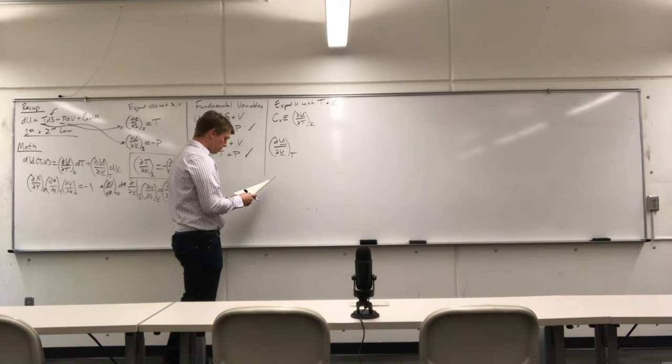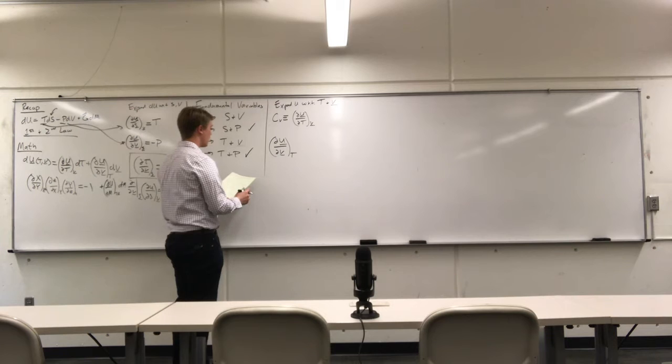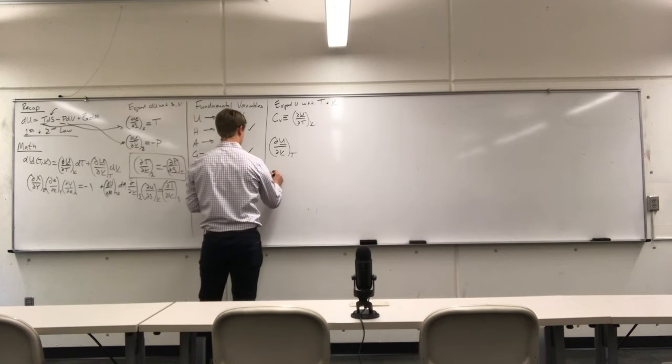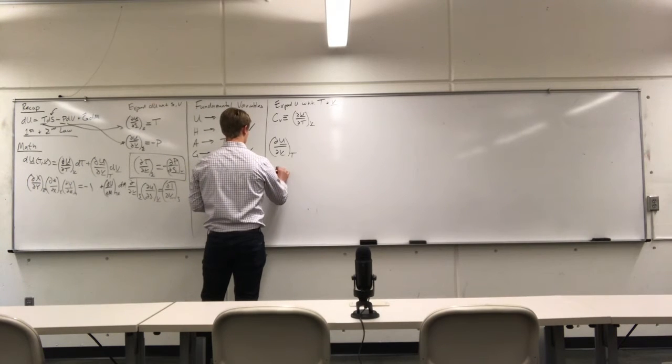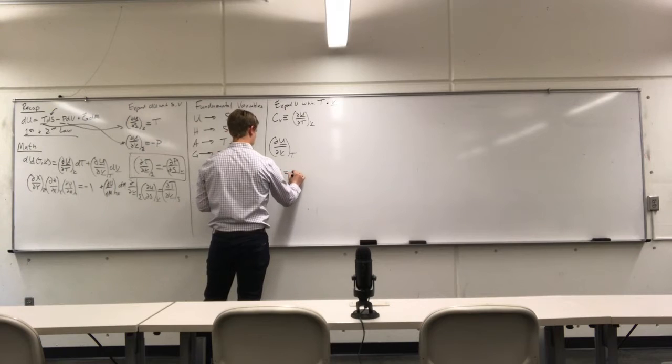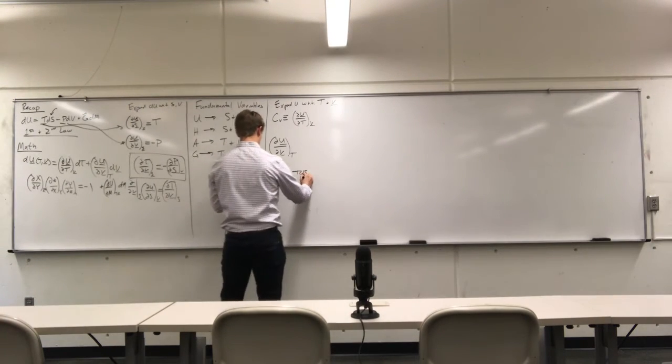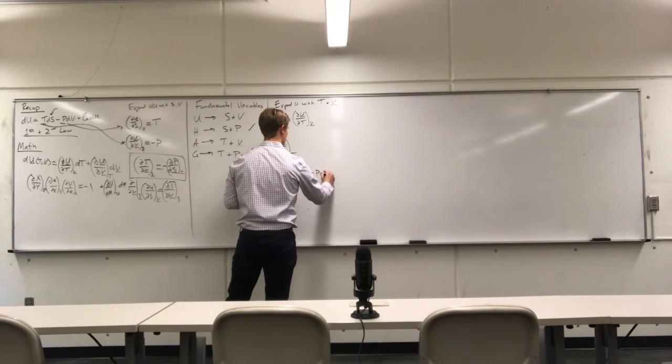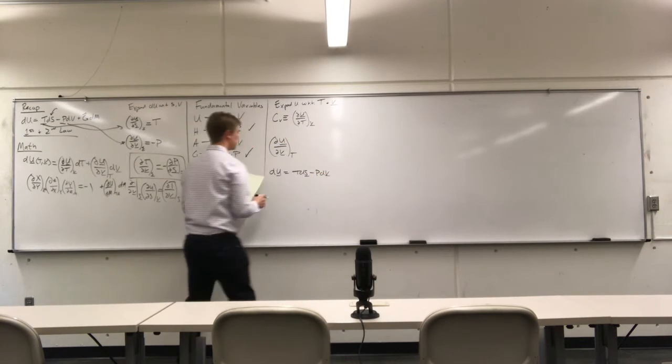So what we're going to do, we will take our combined first and second law, du equal to T ds minus P dV.